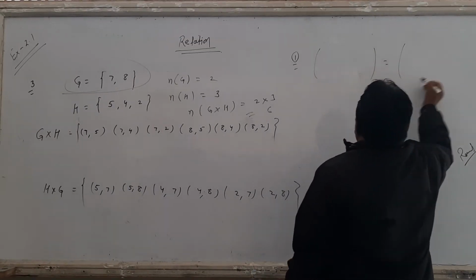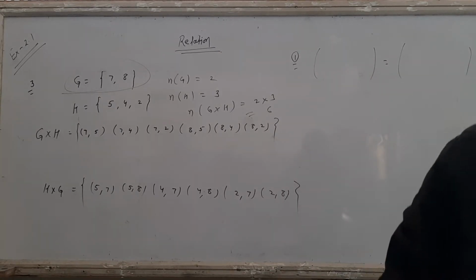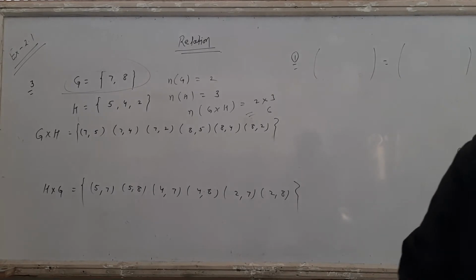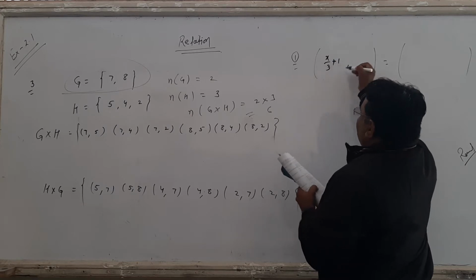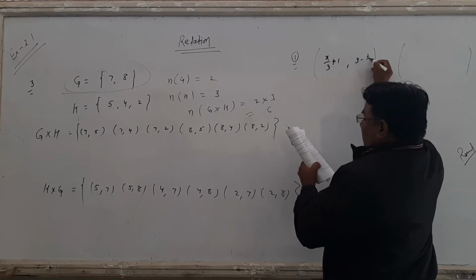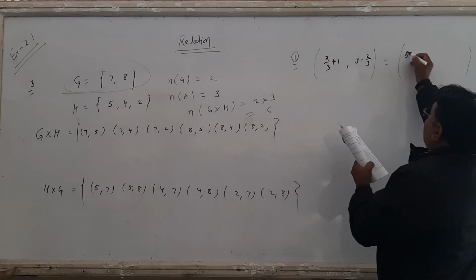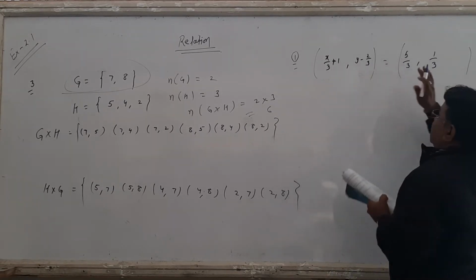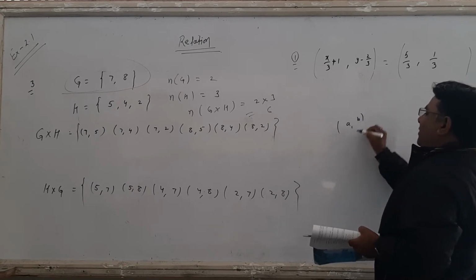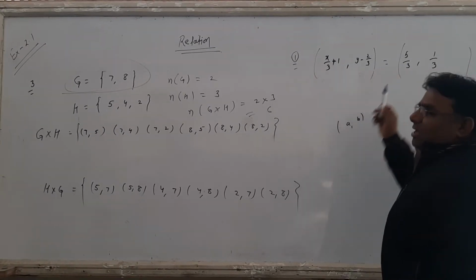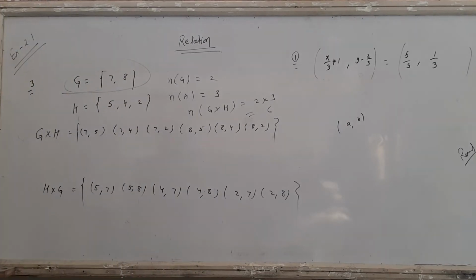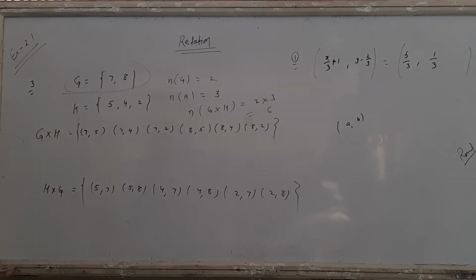One ordered pair has x coordinate x by 3 plus 1 and y coordinate y minus 2 by 3. This is equal to another ordered pair, 5 upon 3 and 1 by 3. This is an ordered pair: anything in small brackets, a comma b, that is the x and y coordinate. Now if two ordered pairs are equal, find the value of x and y. That means x coordinate equals x coordinate and y coordinate equals y coordinate.